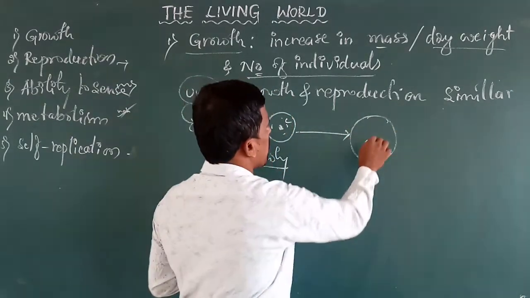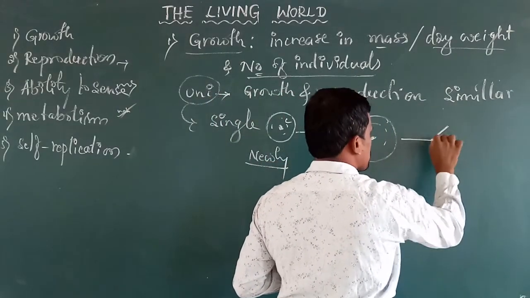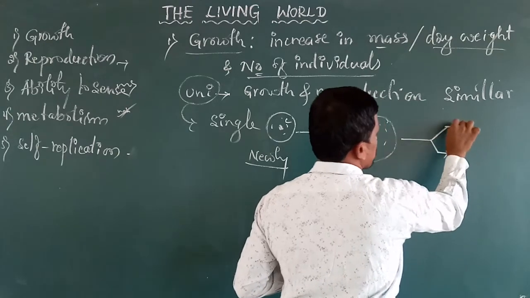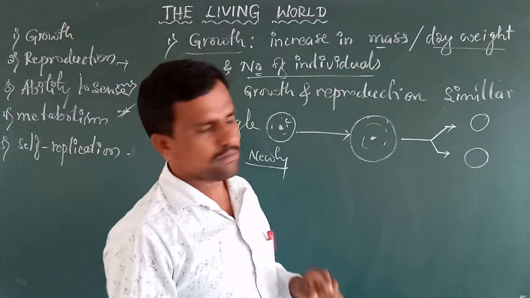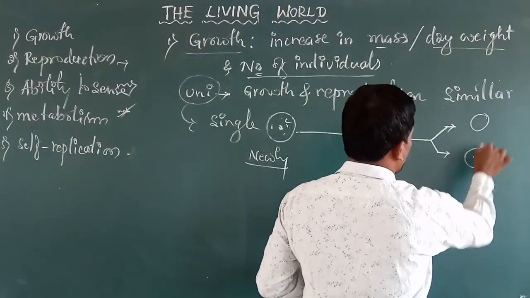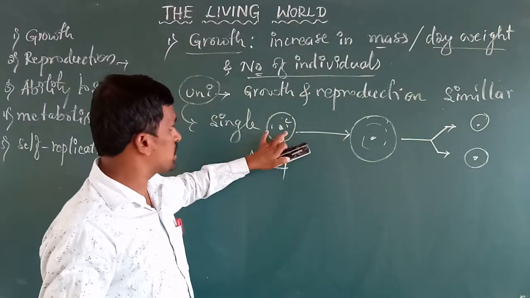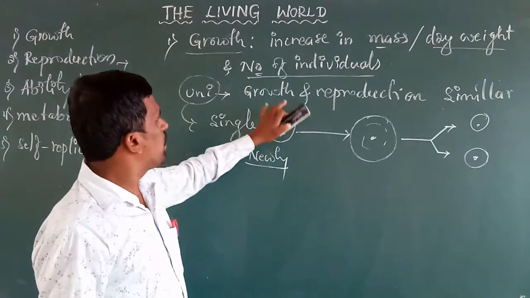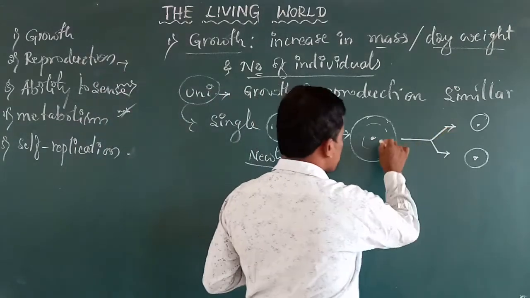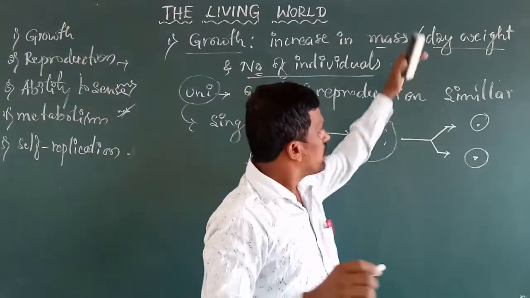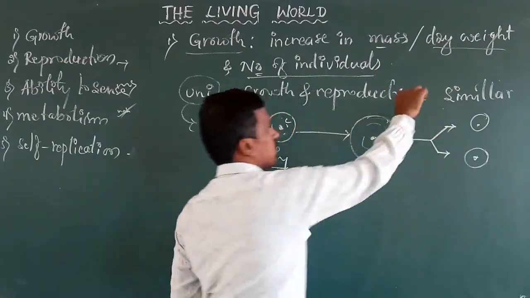The matured cell later undergoes cell division to produce two daughter cells. Here the cytoplasm and the nucleus, or genetic material, increase, and we consider it growth. And when the unicellular organism produces two daughter cells, we call it reproduction.